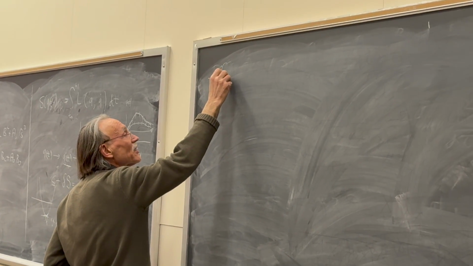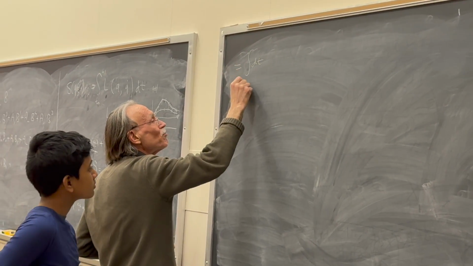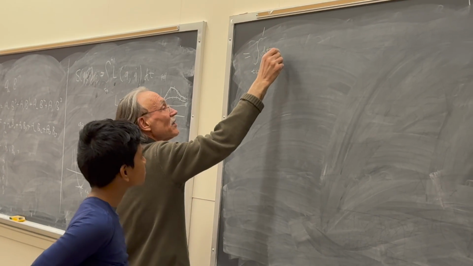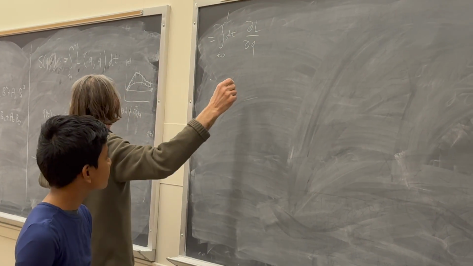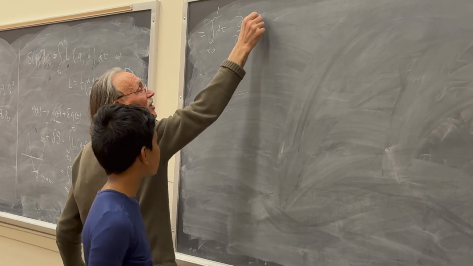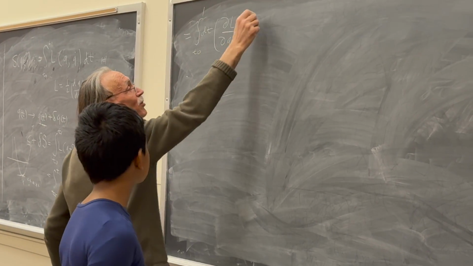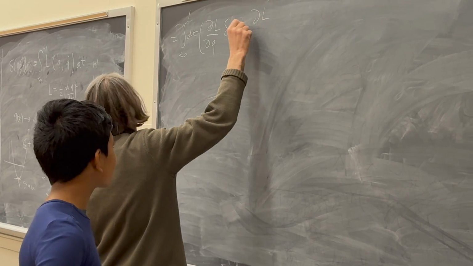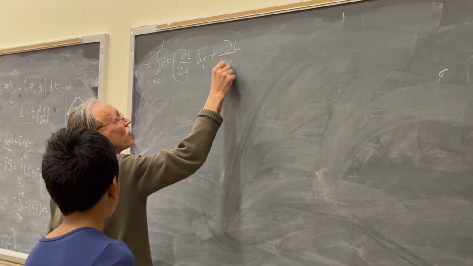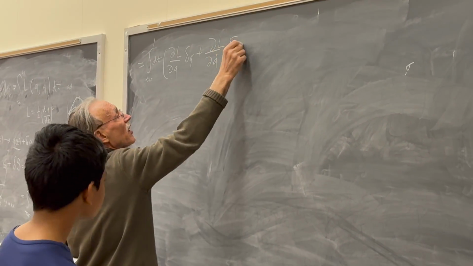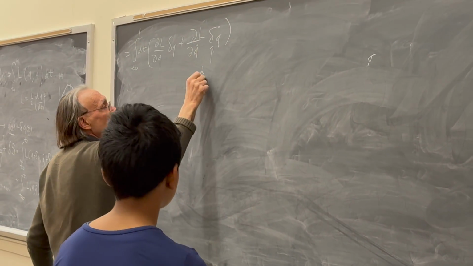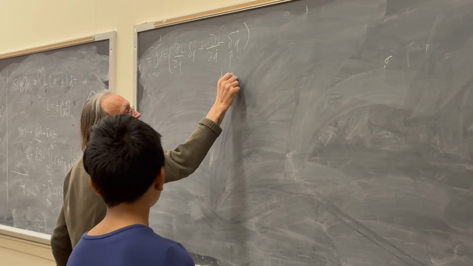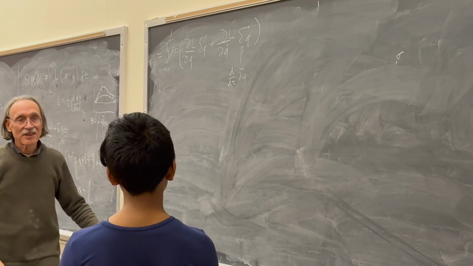So I have here the integral over dt between t0 and t1 of dL/dq, so I differentiate with respect to q, times delta q, plus dL/dq dot times delta q dot, and delta q dot is the derivative d/dt of delta q. This is what I get.